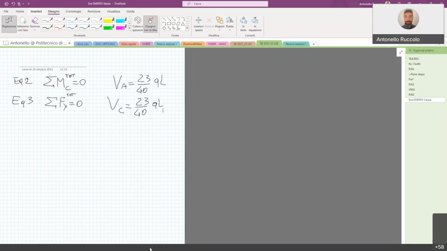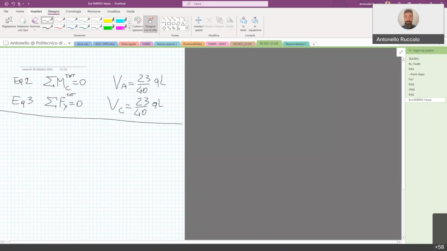Okay, and this will be very simple. But we have seen it not so many times. So we have our structure.